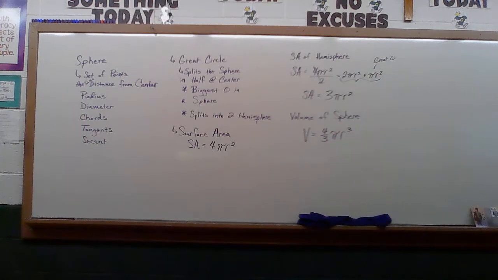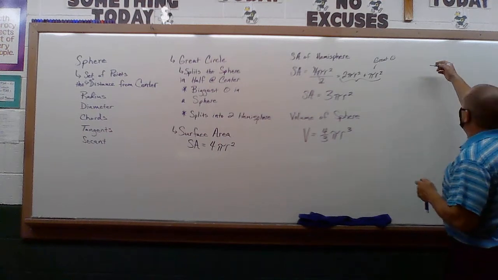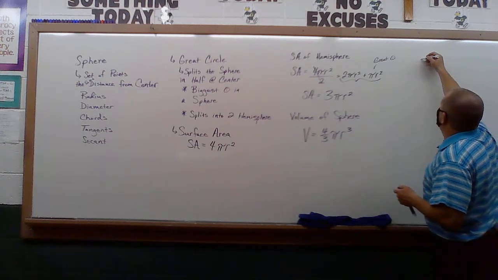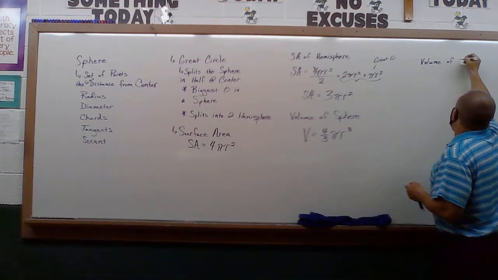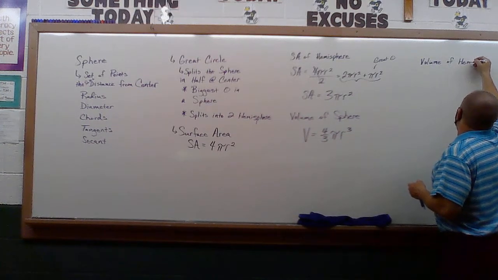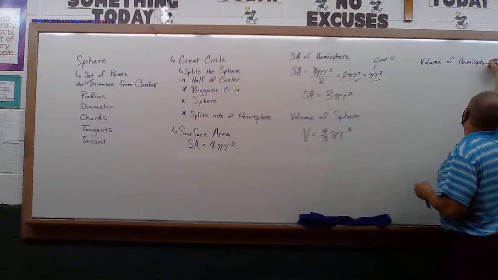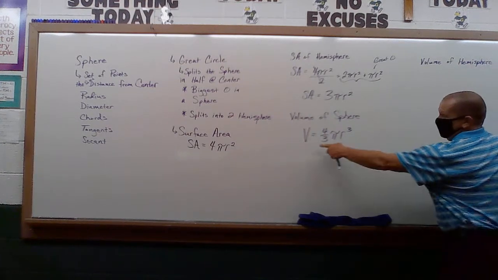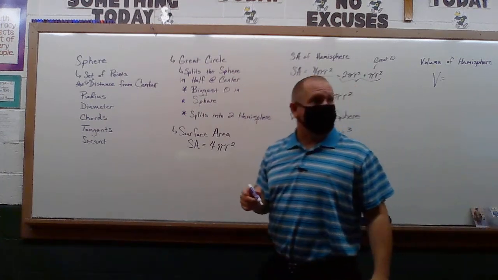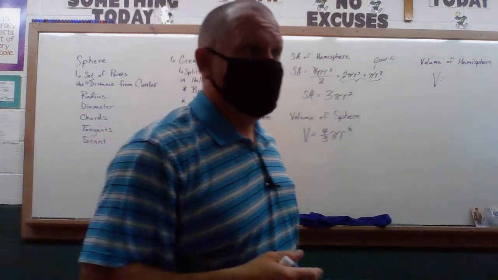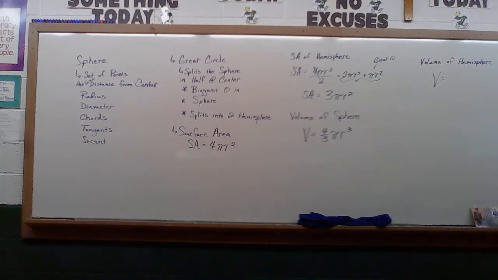And so again then, if I thought about my hemisphere, what am I really doing to my ball again? I'm cutting it in half. So if I take my last volume that I just talked about, what would I have to do to 4/3 pi r cubed? I divide it by 2, right?